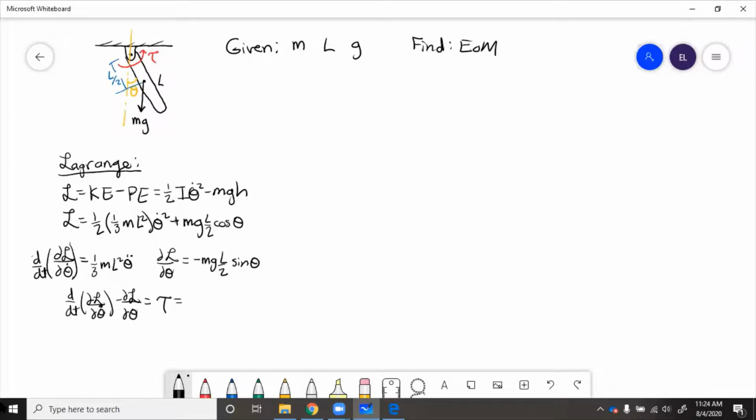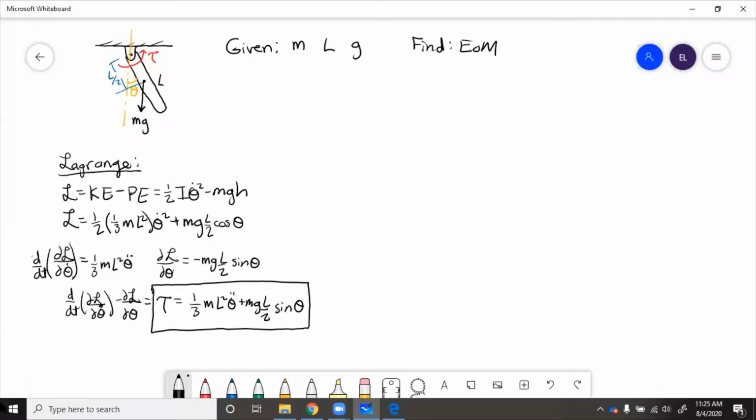So that equals 1/3 m L squared theta double dot plus m g L over 2 sine theta. So this is the equation of motion relating the external torque to the position and its derivatives.